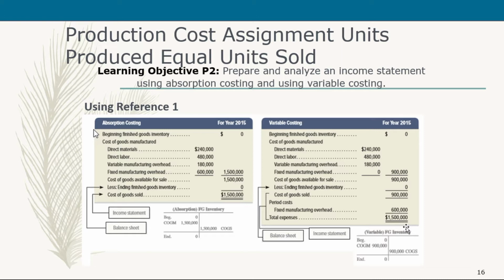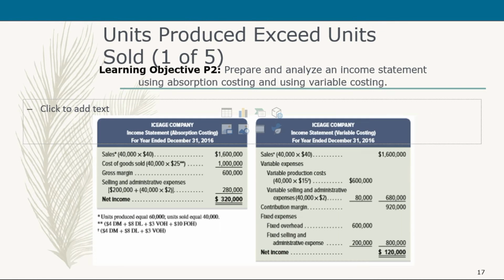Okay, so next, what if your units produced exceeds your units sold? In this scenario, we have your income statement under absorption costing and your income statement under variable costing. As you can see, your sales here are both at 1.6 million.